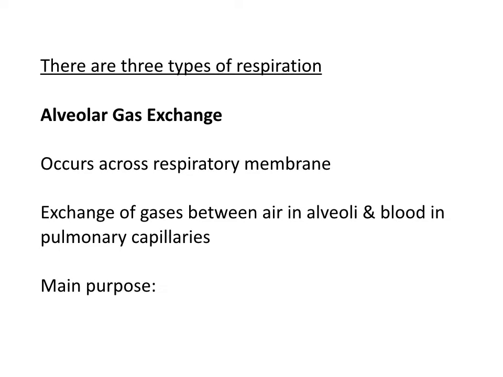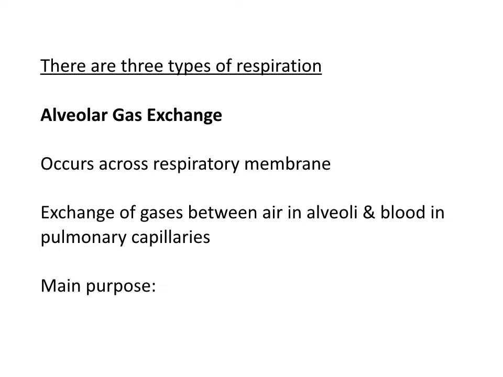Now, between these two epithelia is an extremely thin basement membrane. So your respiratory membrane is made out of the thinnest tissue in the human body, again providing for the most rapid gas exchange. Now, the purpose of alveolar gas exchange is to exchange gases between the air in your alveoli and the blood in your pulmonary capillaries.